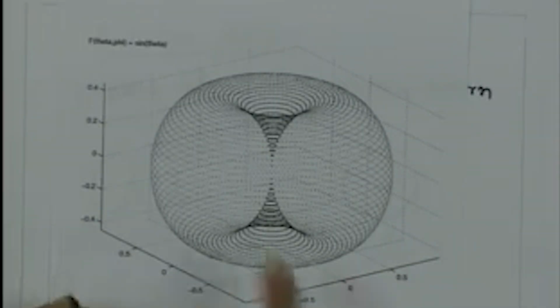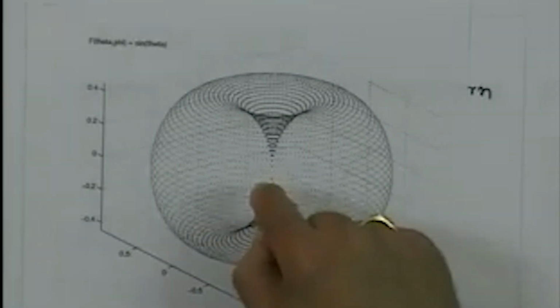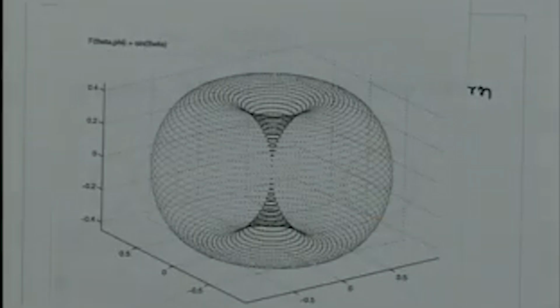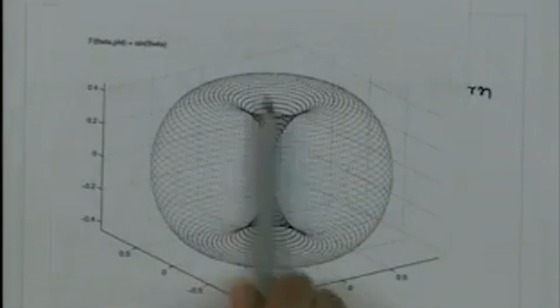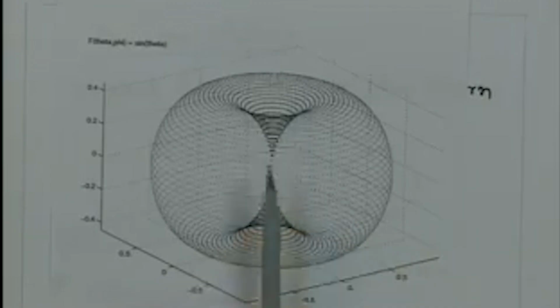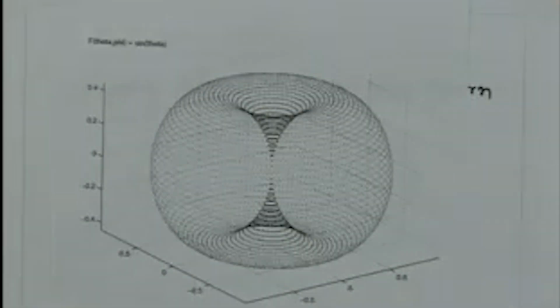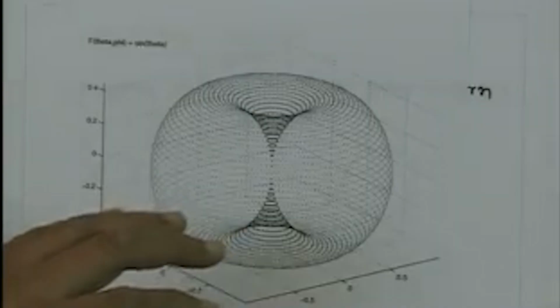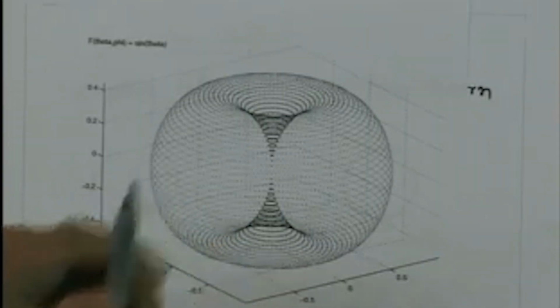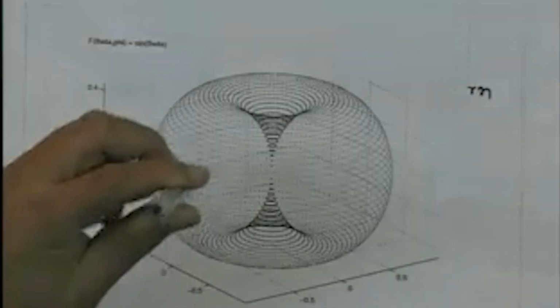The maximum power goes in the plane perpendicular to the Hertz dipole. The Hertz dipole is oriented this way. Along the dipole there is no power flow, and that is a very important thing: if I consider an antenna like a Hertz dipole, there will not be any power radiated along its axis. The whole power will be radiated perpendicular to that, and in this case the power will be radiated symmetrically in all directions.